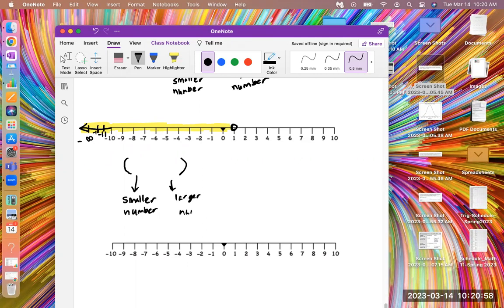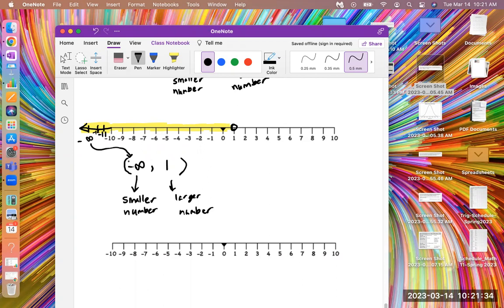These numbers that I put in parentheses are where the yellow shading starts and stops. So I'm reading it from left to right, like I'm reading a page. The shading starts at negative infinity and goes all the way and stops at 1. So the smaller number on this interval is negative infinity, and the larger number, where it stops, is 1.